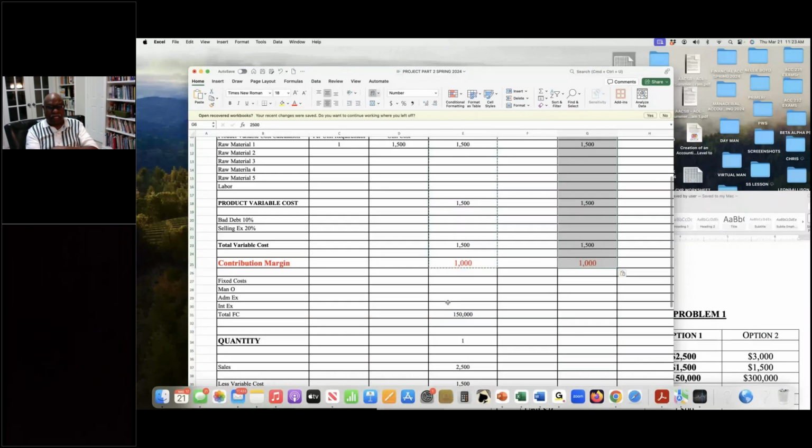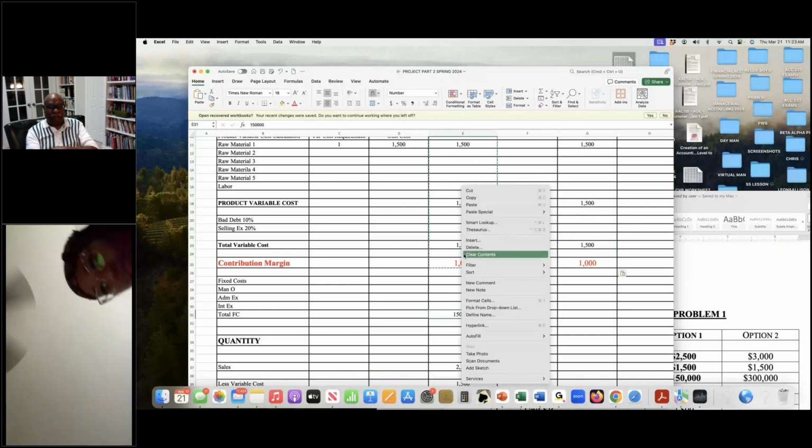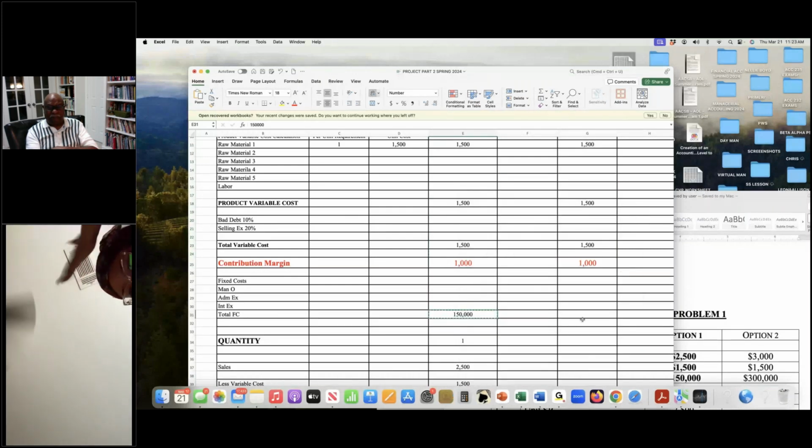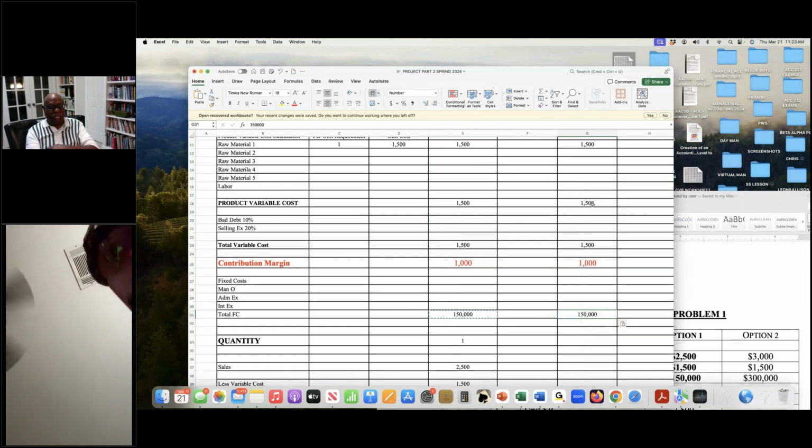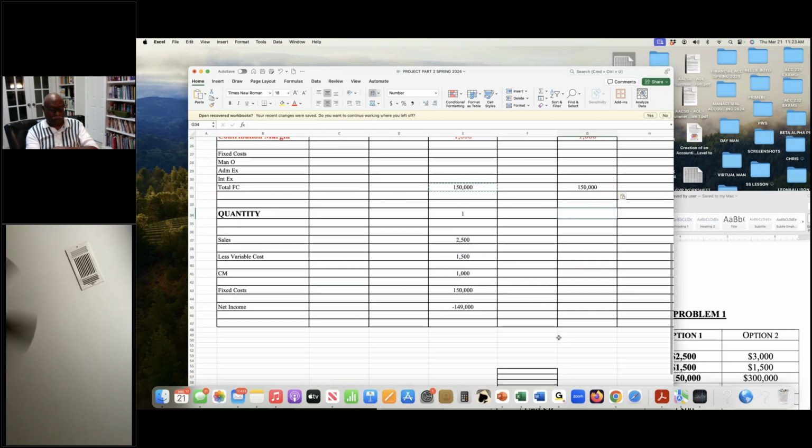This fixed cost is going to stay the same. Copy it. We're going to paste it. Now, I need how many I need to sell so that when I sell them, my net income is going to be zero.